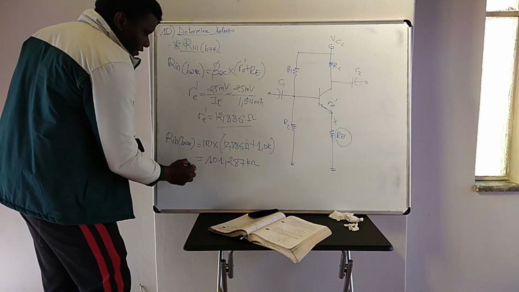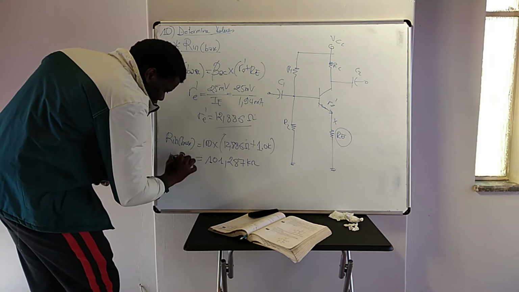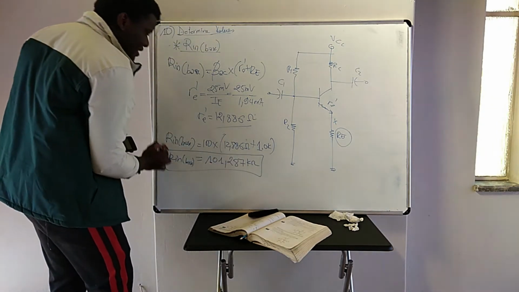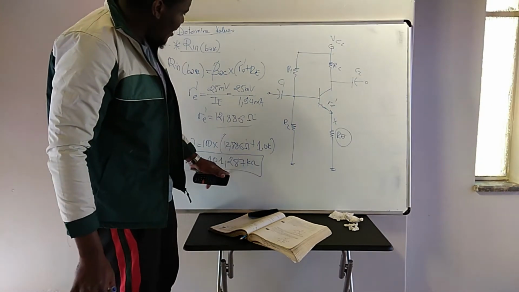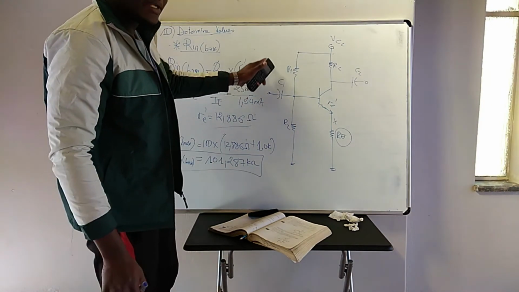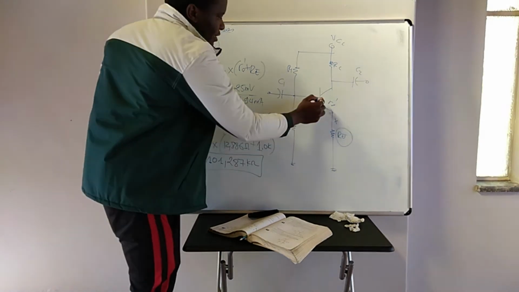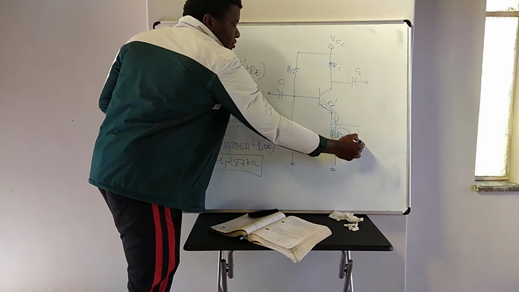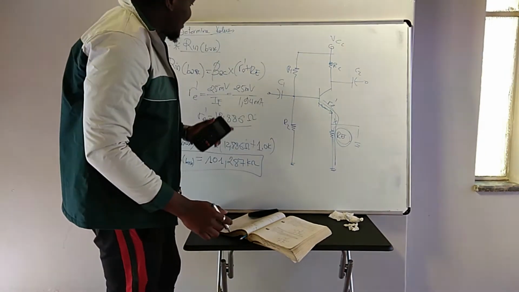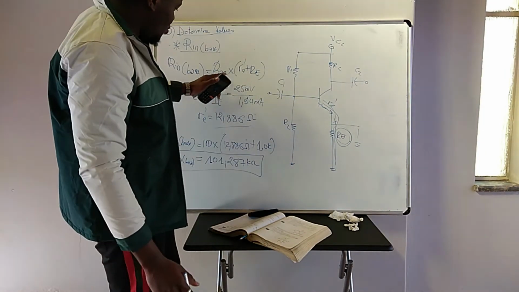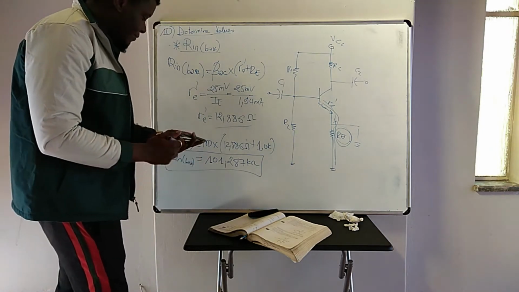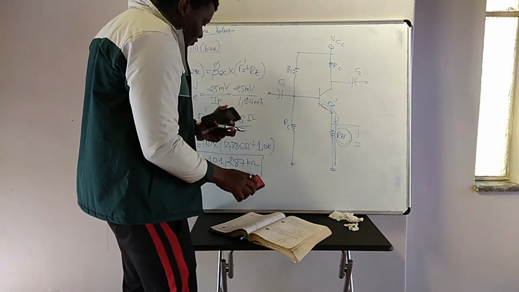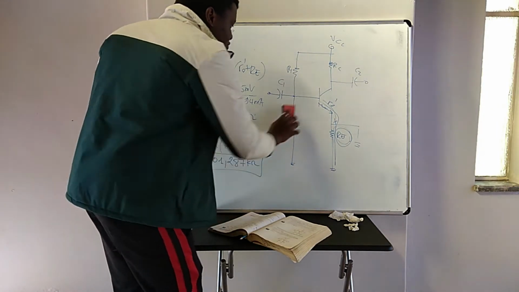So this is what I got for R in base. Remember, last time we got another value because I didn't include RE, because there's no bypass capacitor here. So that's why my answer was very different in this question. Now let's move to the question: calculate R in total.